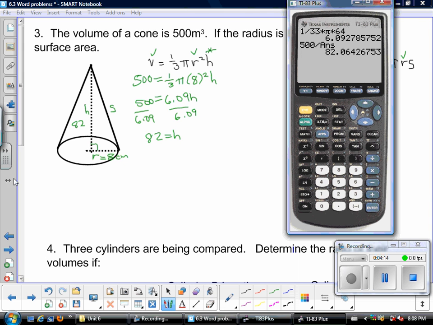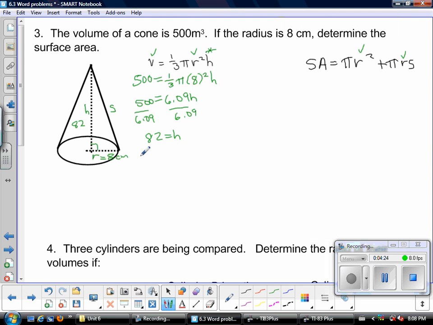I just checked because it seems different compared to, for instance, the radius. So it's much higher than what my diagram shows. So if I take now that right angle triangle, this is 8, this was 82, and I need to find S. So S is my C.